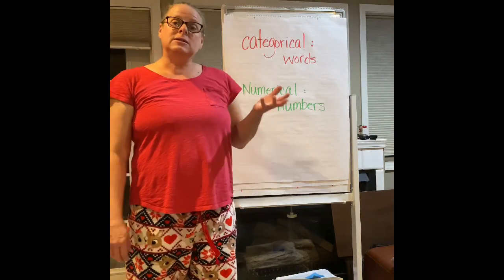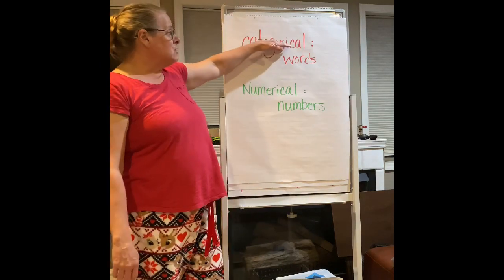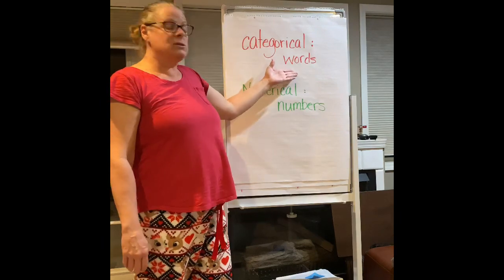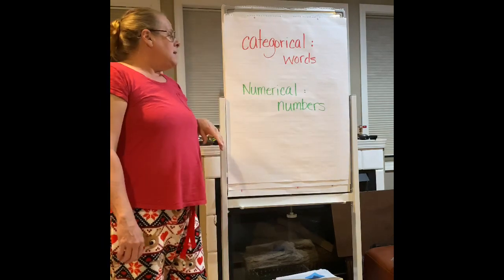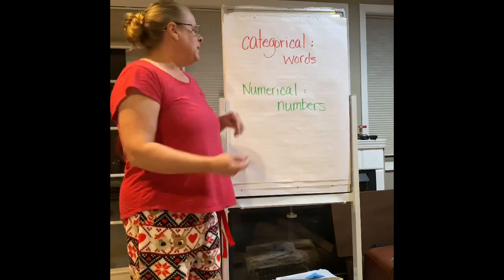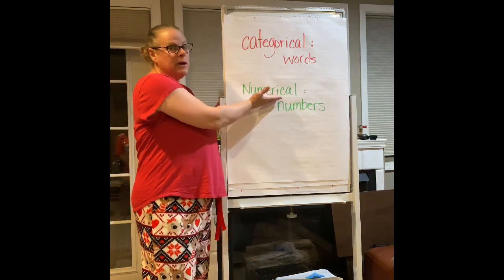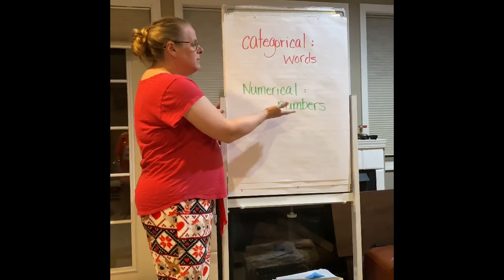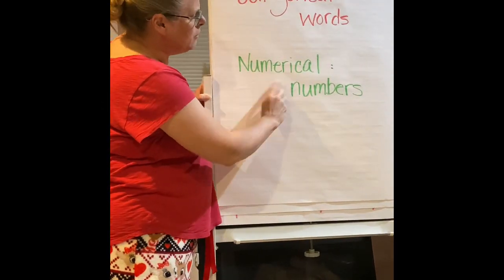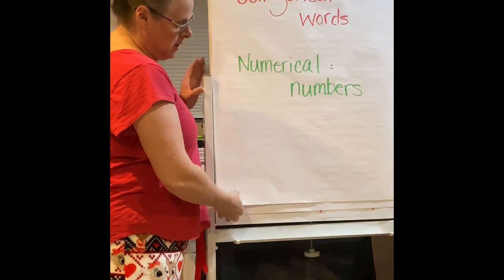That's going to be a statistical question, and the answer is going to be categorical because it's an answer that's in words. Now, when I asked you to guess how many Legos were in the jar, that is numerical data because all of the answers are in numbers. Numerical, right? They go together.